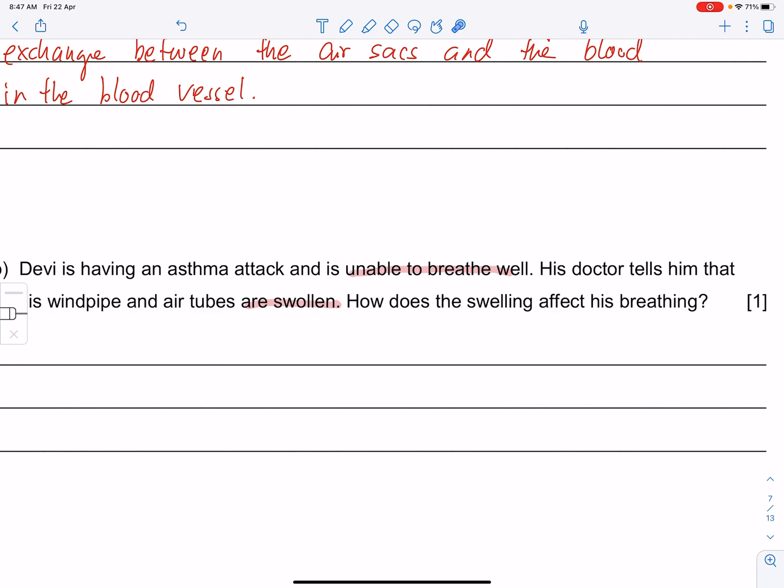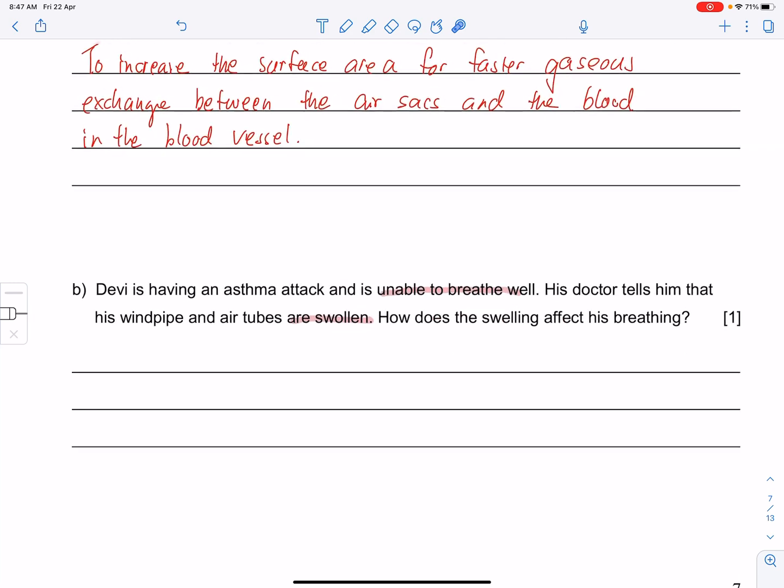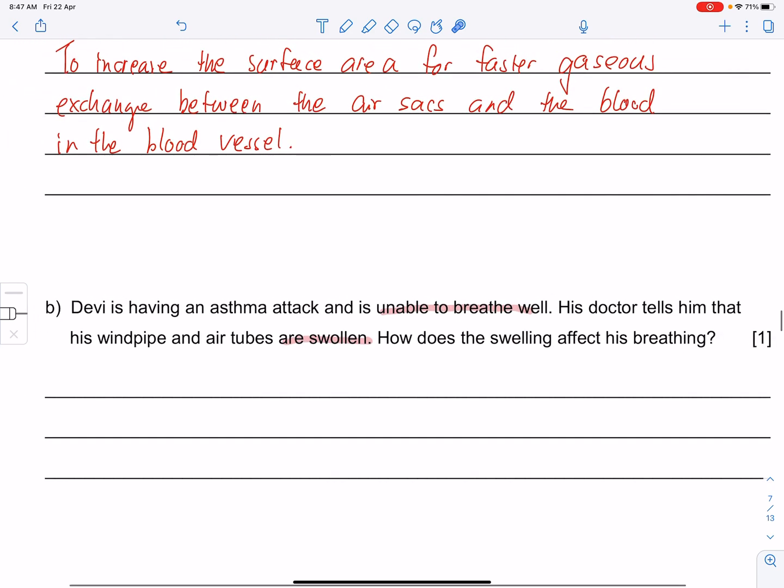So what would happen is this. You need to tell me that, firstly, we talked about narrowing, right? Okay, so you have to say that the swelling narrows his windpipe.